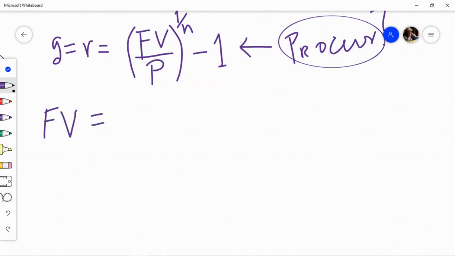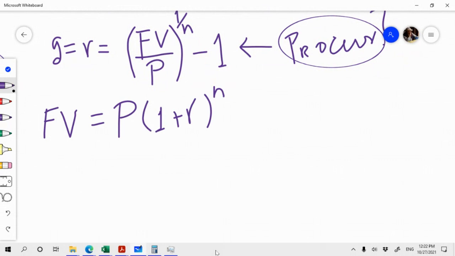The starting point is FV equals principal times 1 plus r, raised to the nth power. P times 1 plus r raised to n.